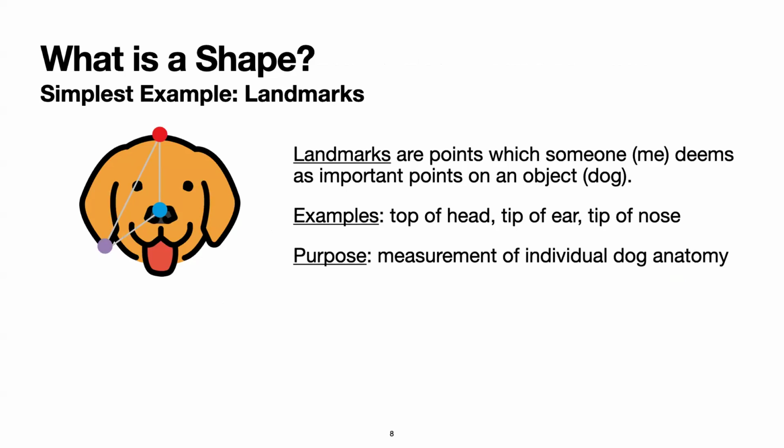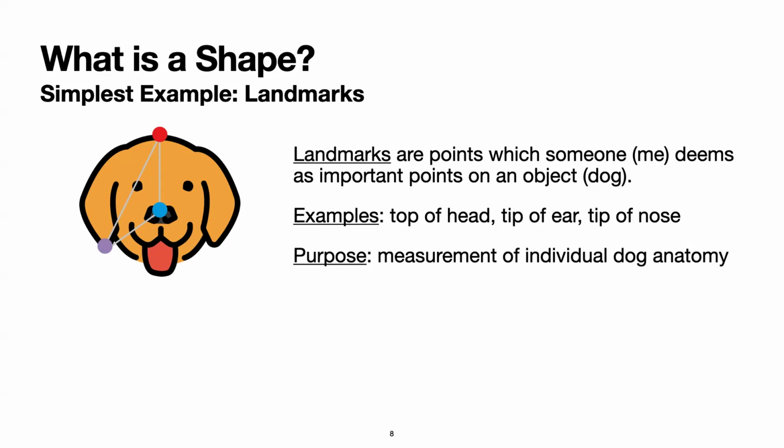So what is a shape in terms of landmarks? Landmarks are points which someone, in this case me, deems as important points on an object, in this case, a dog. Examples are the top of a head, or the tip of an ear, or the tip of a nose.